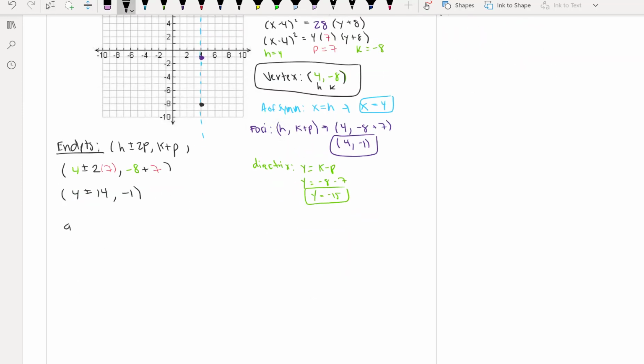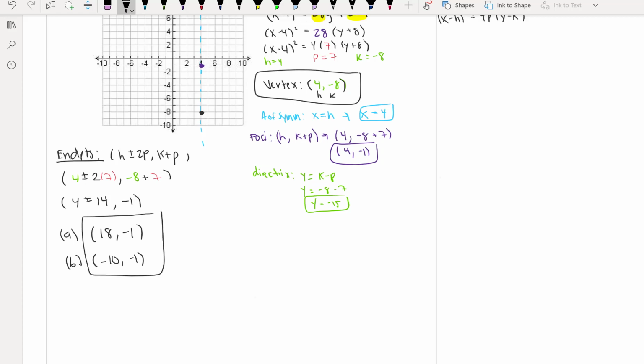So for part A, I'm going to add 4 plus 14. That is going to give me a positive 18, and I have my -1. Now I'm going to do the subtraction. 4 minus 14, that's going to be a -10, and I still have my -1.